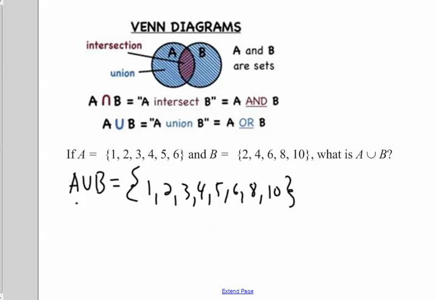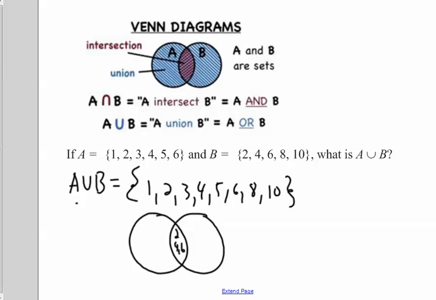Now, if we wanted to see a Venn diagram of this, here's A, and here's B, and the intersection of A and B are the things that they both have in common. In this case, it looks like it'd be 2, 4, and 6. So I'm going to put 2, 4, and 6 there.